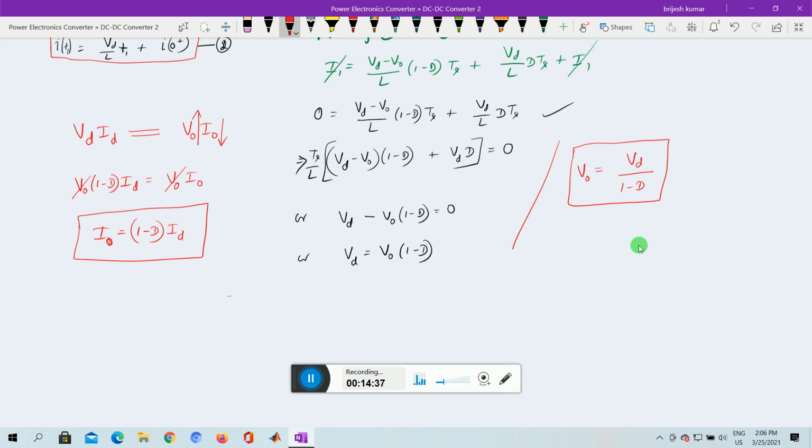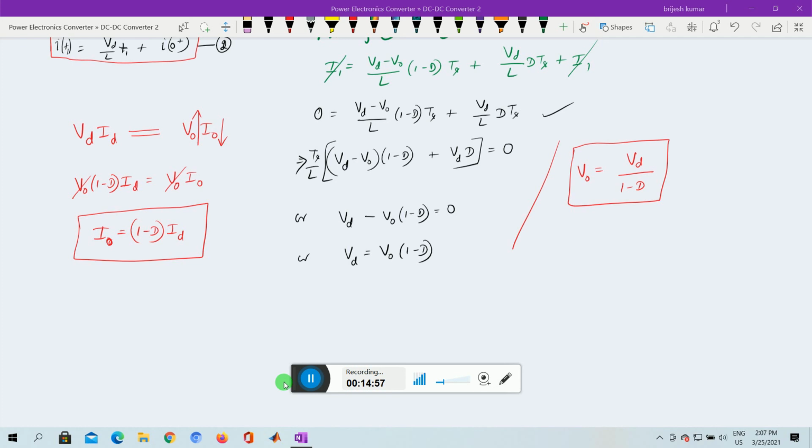If a current is there in the circuit and we want to decrease the output current, there is always a bypass to be done so that this output current I0 will be lesser than the input current Id. That is the logic behind this DC-DC converter.